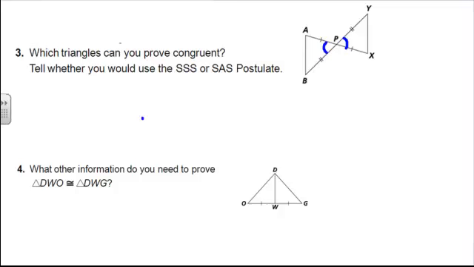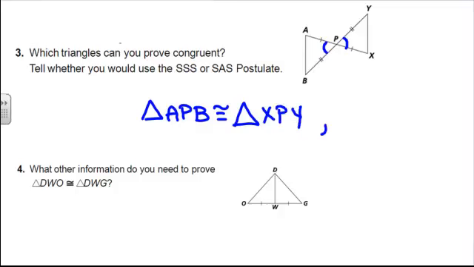So I can prove triangle APB can be proven congruent to triangle. I have to match up my marks. And so A goes from A to P, it goes down a single marked letter, and then it goes down a double marked letter. So I'm going to match it up to XPY, and the reason is because of side, angle, side.